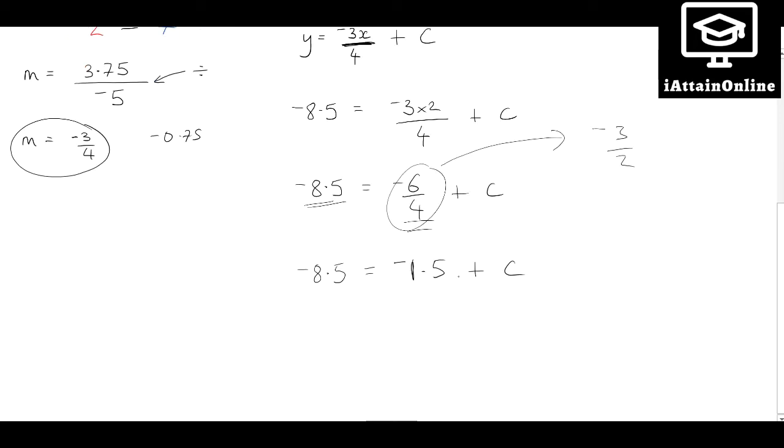So to find out what c is, I actually want to add 1.5 to both sides of this equation. So adding 1.5 to both sides of the equation gives you negative 7 equals c.